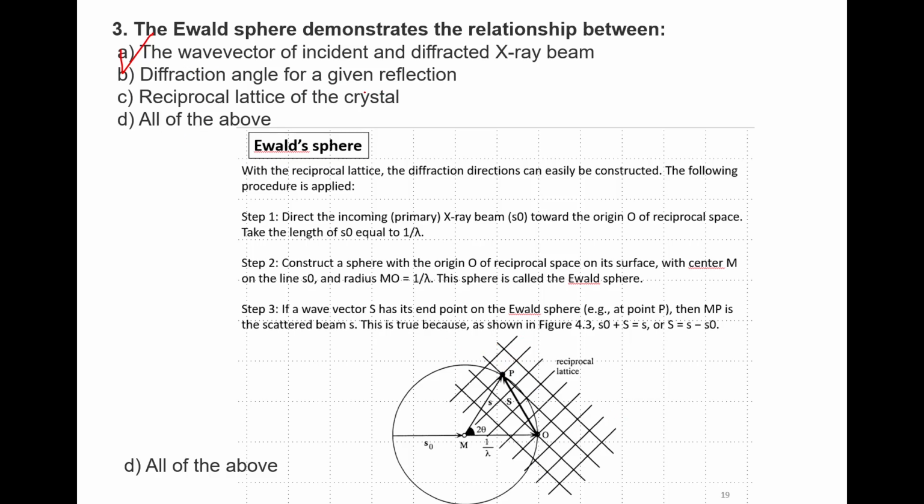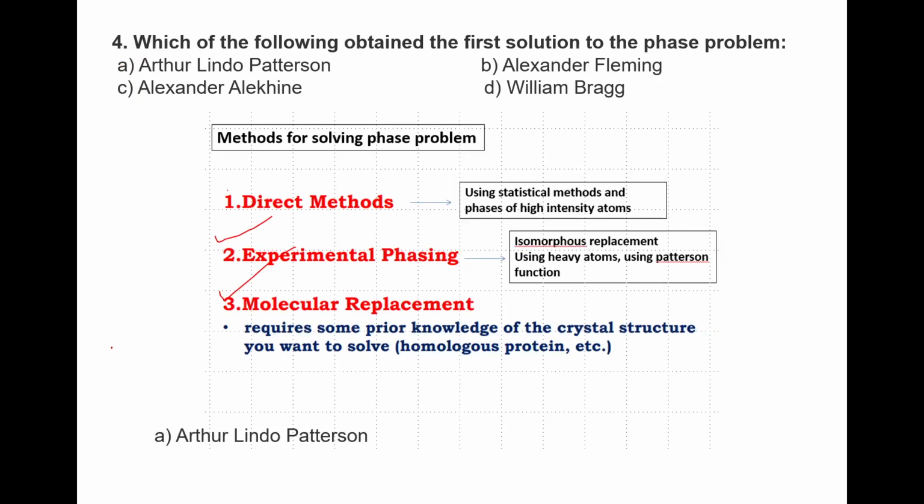The diffraction angle for a given reflection, this 2 theta is the diffraction angle, and the Ewald sphere also talks about it. The reciprocal lattice of the crystal is the basis of the Ewald sphere. So all three options are correct, and the answer D is the correct option for the third question.